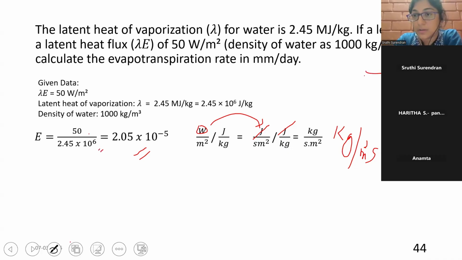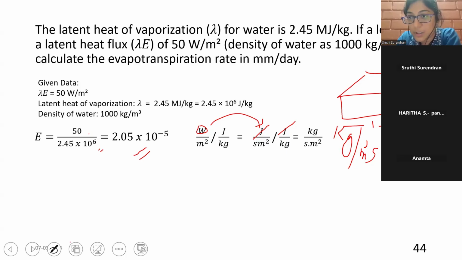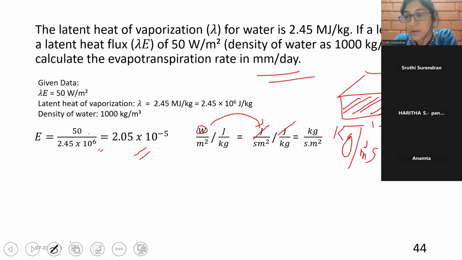If you take a cube, what does the density of water mean? Say you consider a container of 1 meter cube, and if you fill it with 1000 kilograms of water, then that 1000 kilograms of water is going to be at a depth of 1 meter, which is nothing but 1000 mm. We want the answer in mm, so that is why I'm writing 1000 mm.